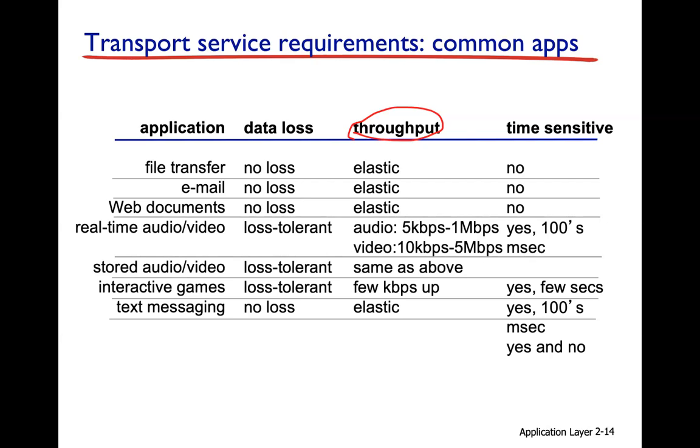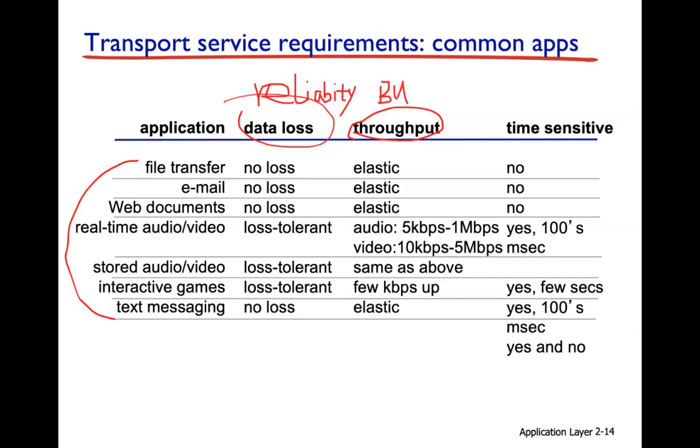Right, so this slide collects a certain kind of applications, and within these three performance requirements. Data loss, sometimes we call it reliability. Then we have the throughput, sometimes called the guaranteed bandwidth, BW.